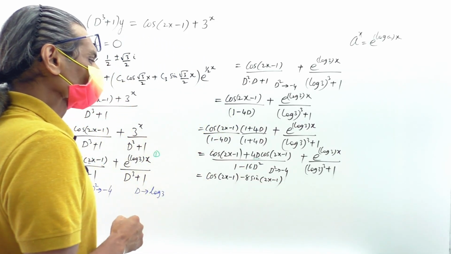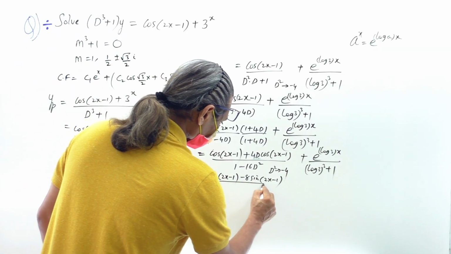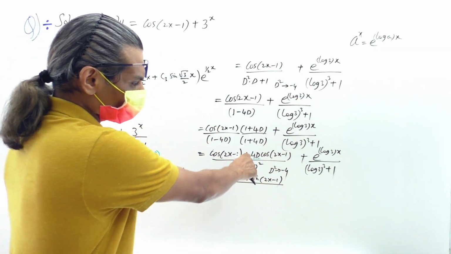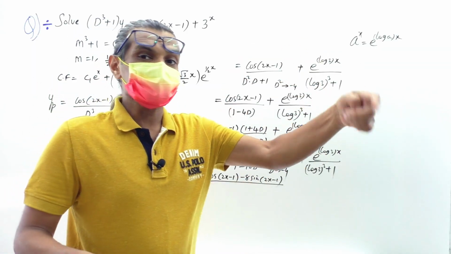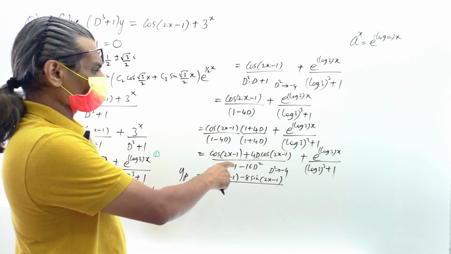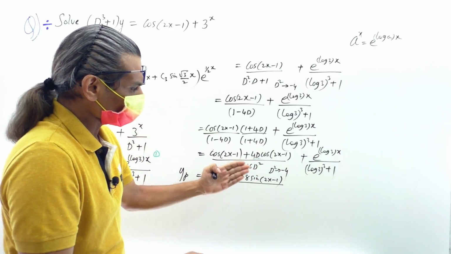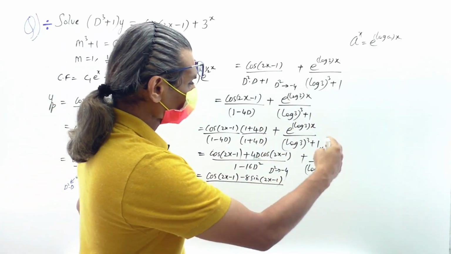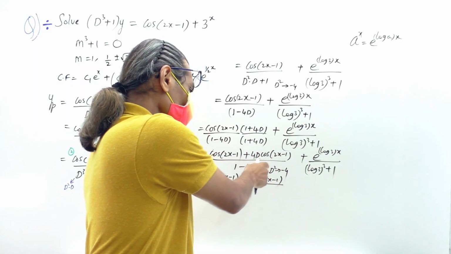Am I right? Okay. So this is what yp or particular integral is equal to. The differential of cos of 2x minus 1 is minus sin of 2x minus 1, into again the differential of 2x, which is 2, so 4 times 2 is 8.